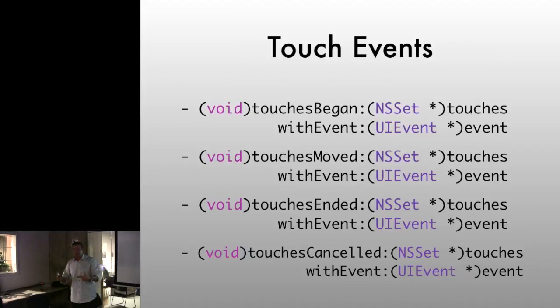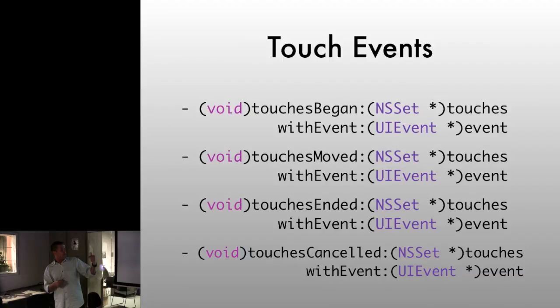Touches began is pretty obvious. Touches moved is as you're sliding, as you're moving, you can actually track touches as they're coming in. Touches ended is either when you've stopped the touches manually, or, they've distinguished this now with touches canceled.